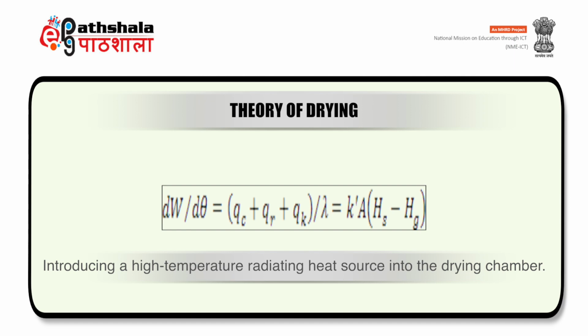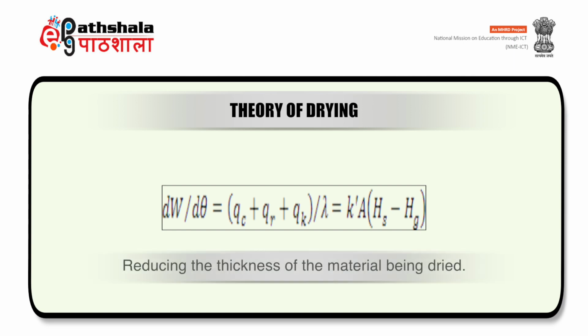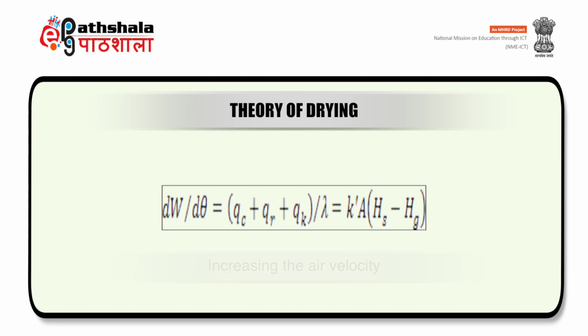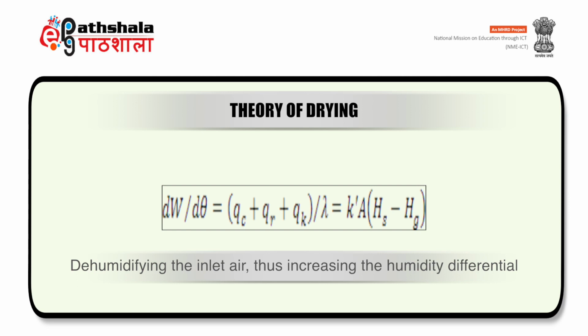The rate of conduction heat transfer Qk can be stepped up first by reducing the thickness of material being dried, second by allowing it to come in contact with a raised temperature surface. Third, increasing the air velocity also speeds up the rate of drying by increasing the coefficient of mass transfer. Fourth, dehumidifying the inlet air increases the humidity differential.